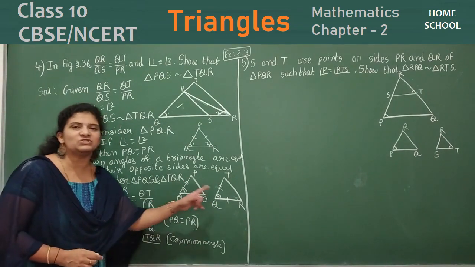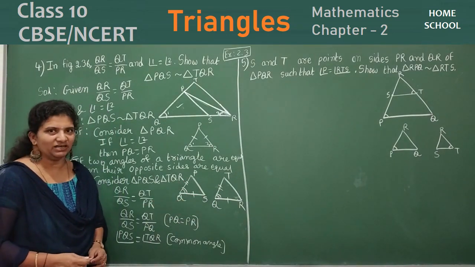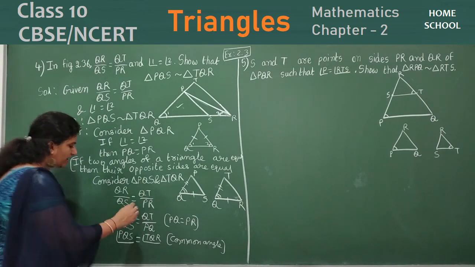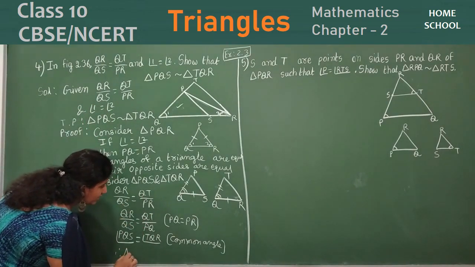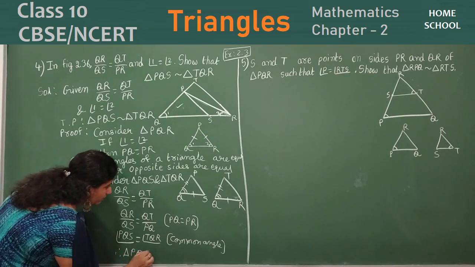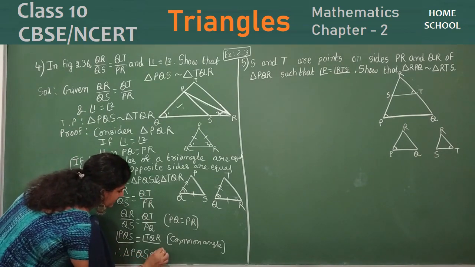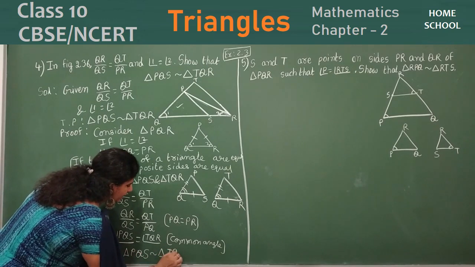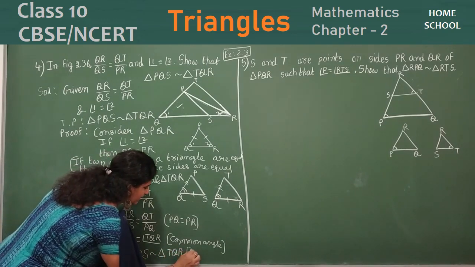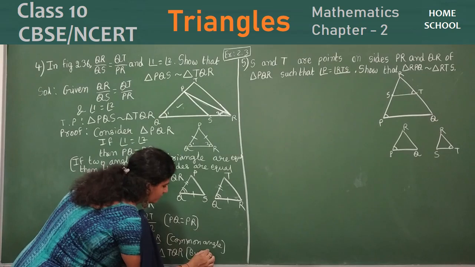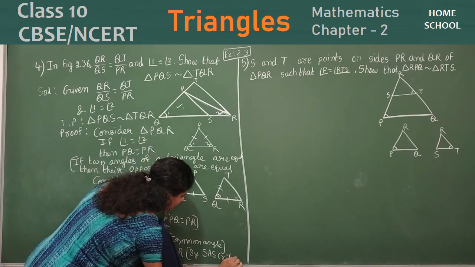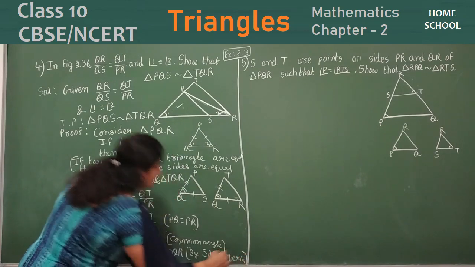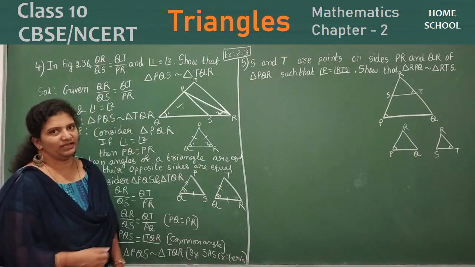I can say these two triangles are similar. Okay. If you want, you can write here. Therefore, triangle PQS is similar to triangle TQR. By which criteria? By side angle side criteria. I can say that these two triangles are similar.